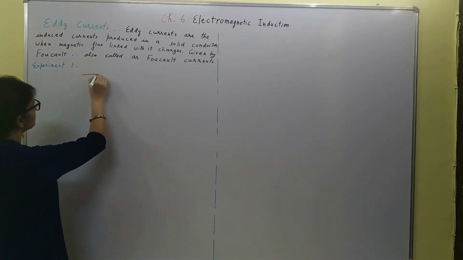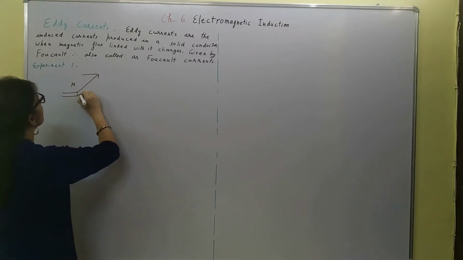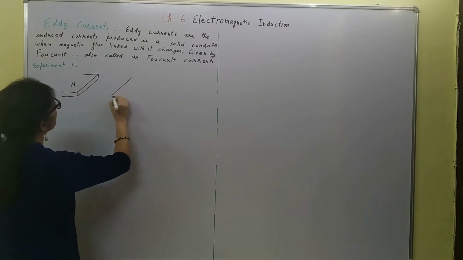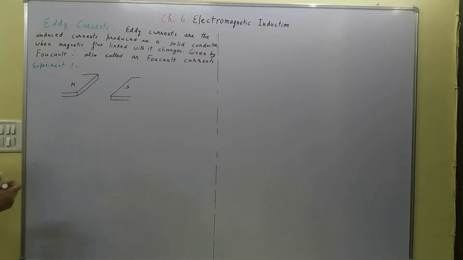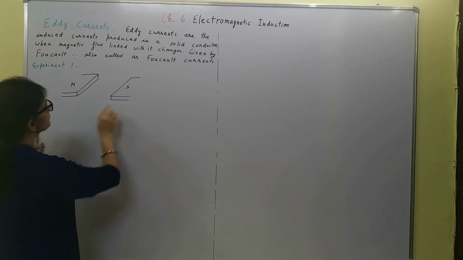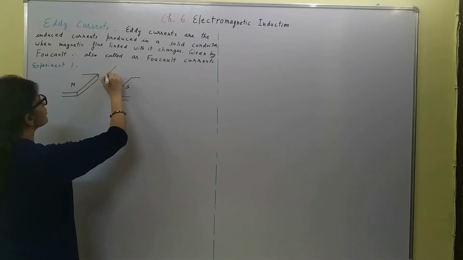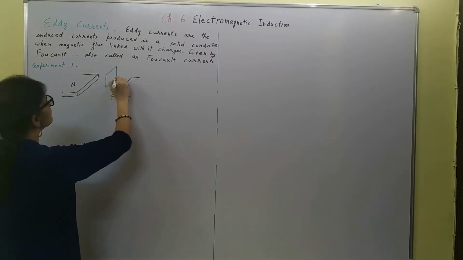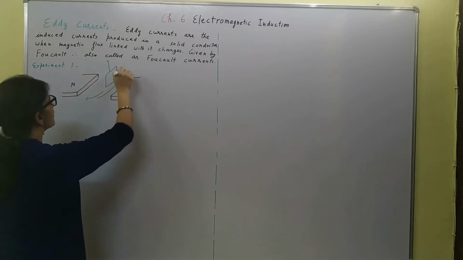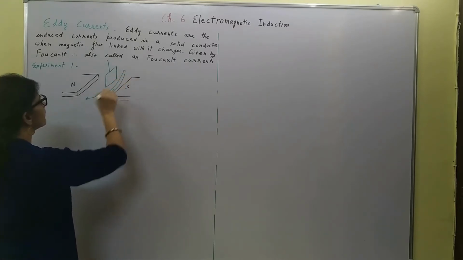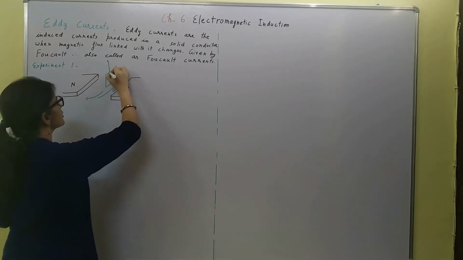So if we have a sheet which is made to oscillate between the magnets, this is the copper sheet.